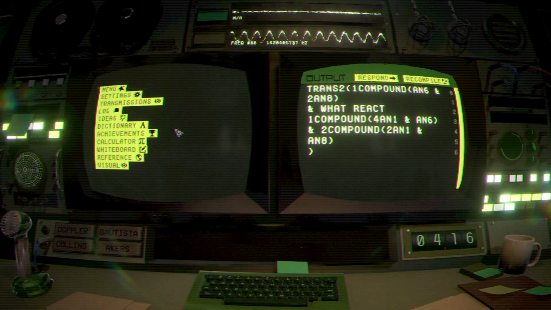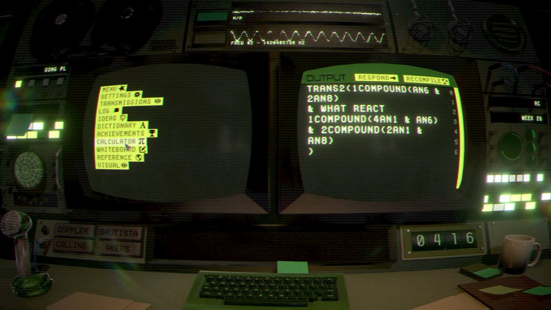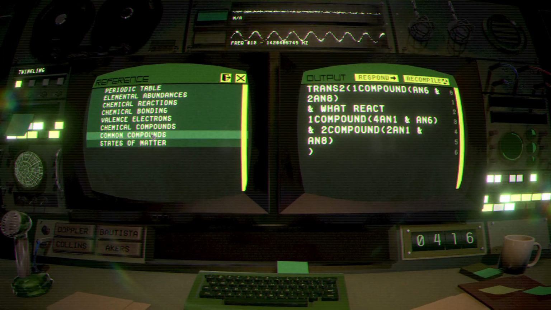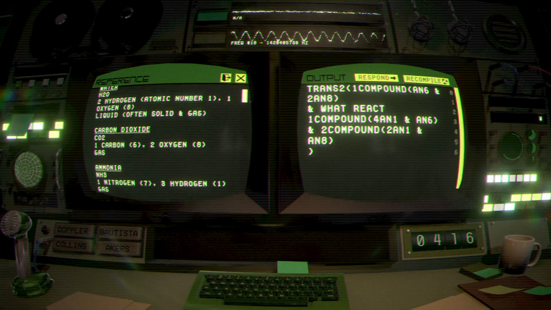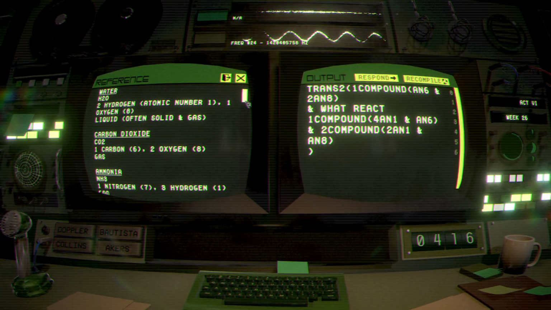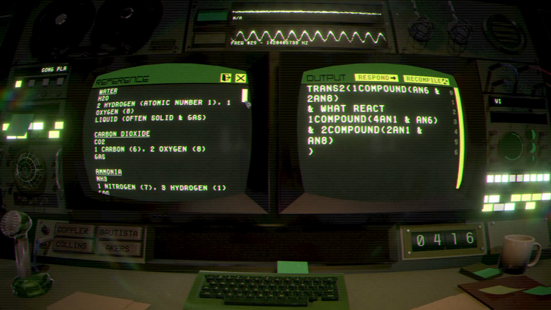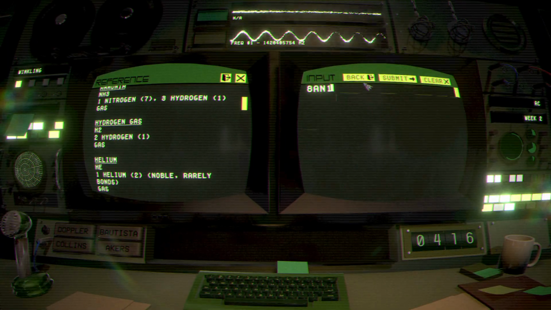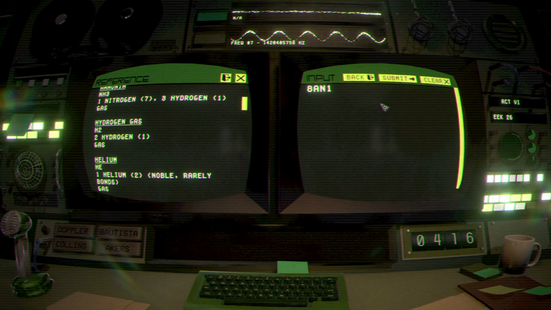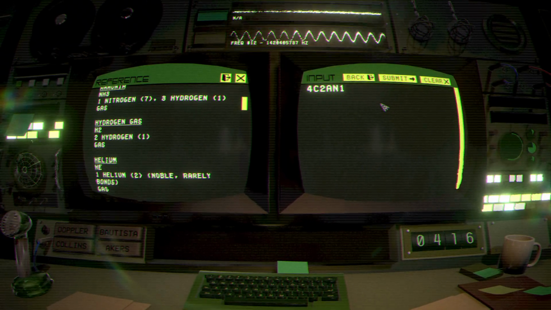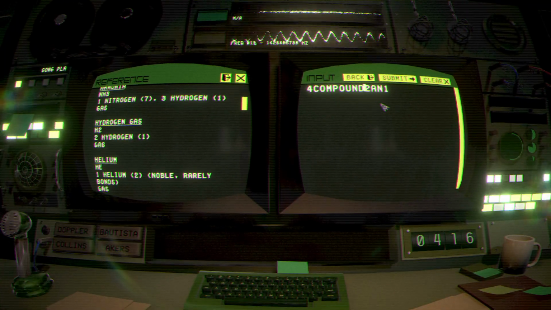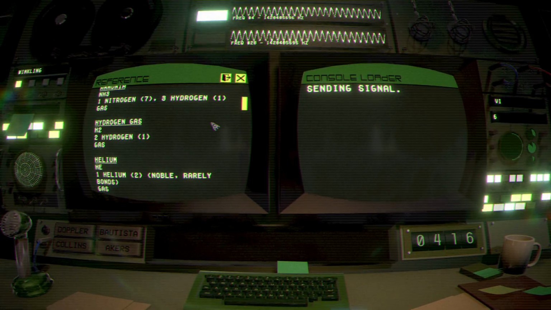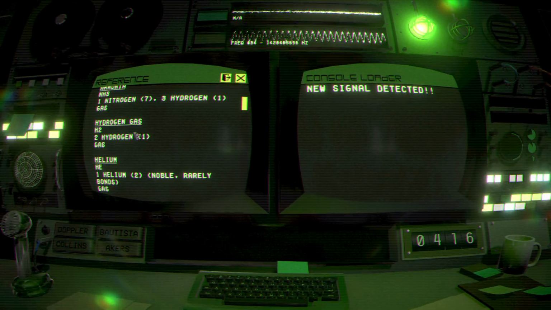So that tells me we need to see common chemical compounds that have 2 AN1s. Hydrogen gas, H2. Let's say 4 compound of 2 AN1s. Okay.